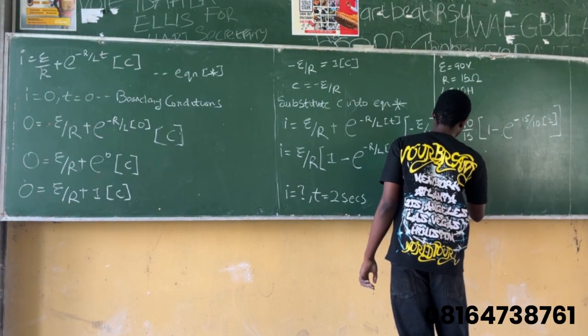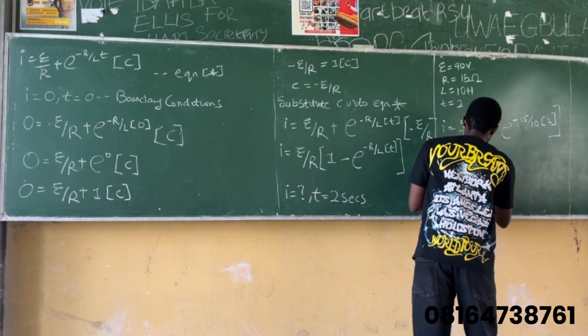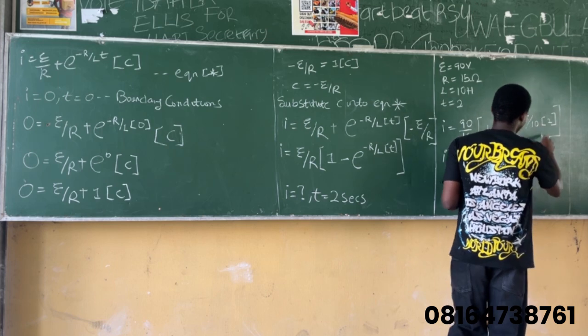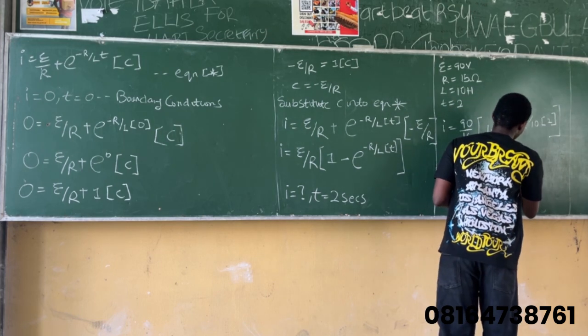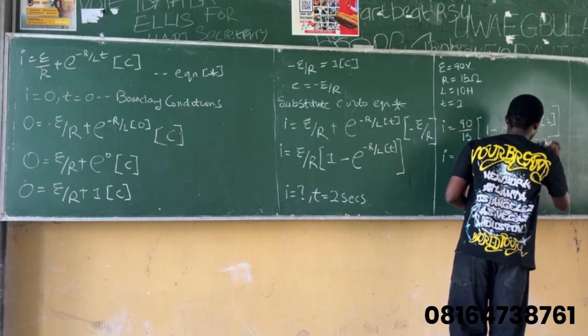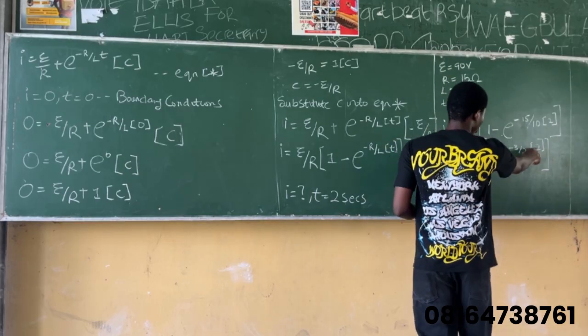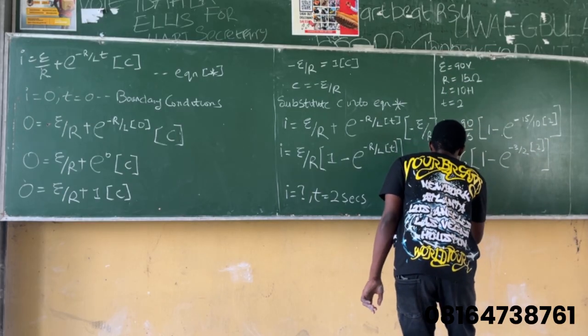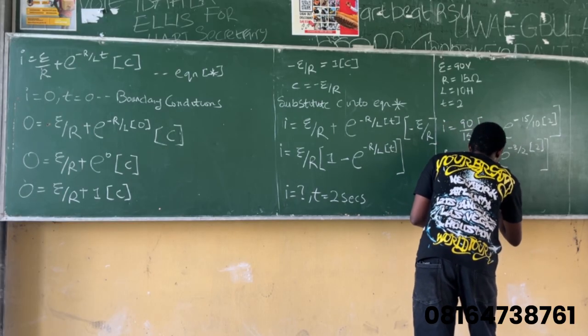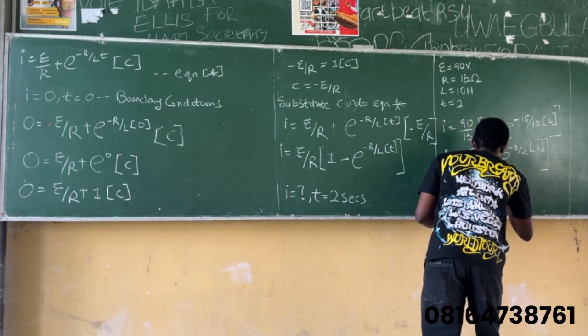I is equal to 6 times 1 minus e raised to power minus 15 over 10 multiplied by 2, which is 3 over 2 multiplied by 2. So these 2s cancel, and I is equal to 6 times 1 minus e raised to power minus 3.